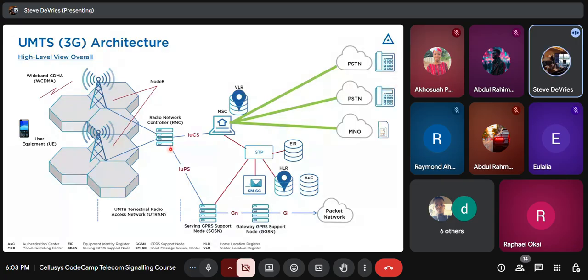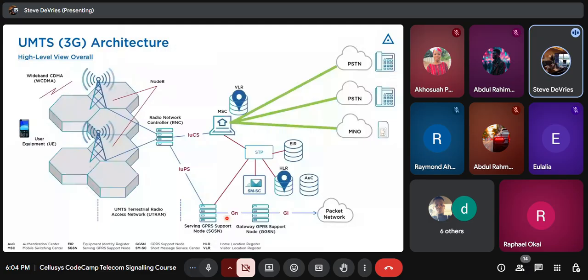Another big interface is this interface right here. That is now GTP. So now you have a pipe right here, a tunnel here, and a tunnel here. And your data packets would go through here, through that tunnel, out to the packet network.